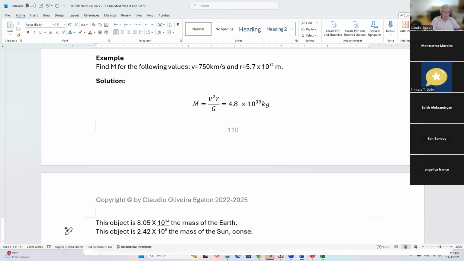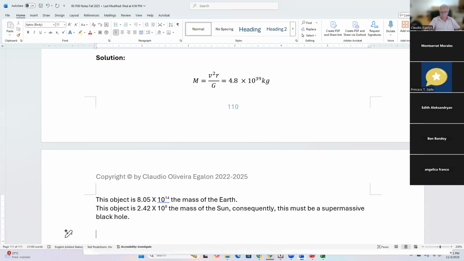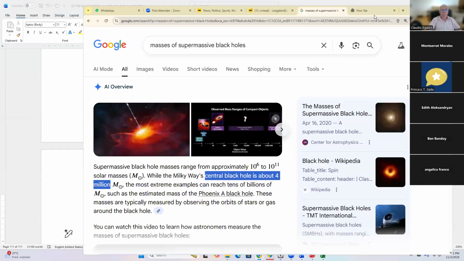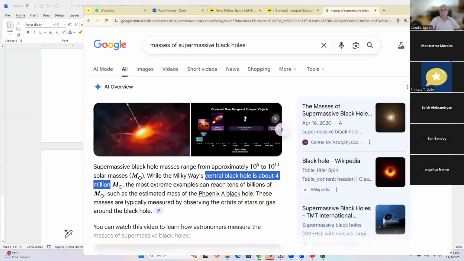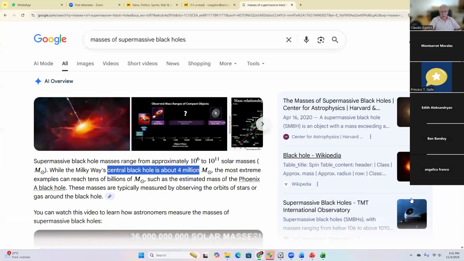Consequently, this must be a supermassive black hole. We are reaching the point where we are going to have our break, right?